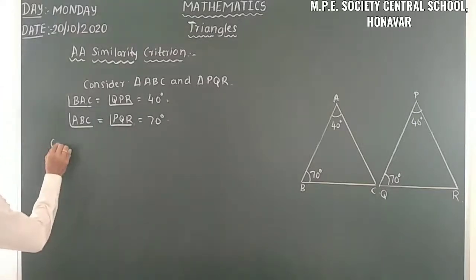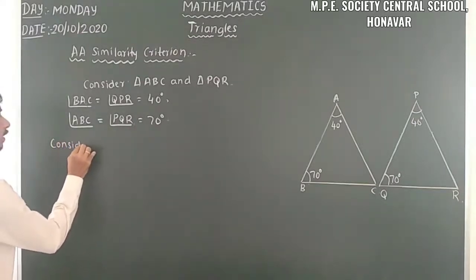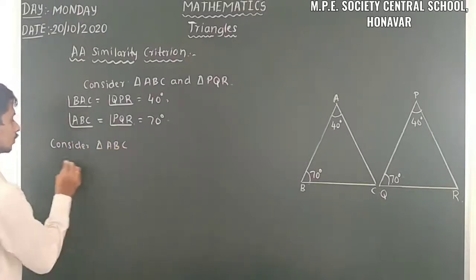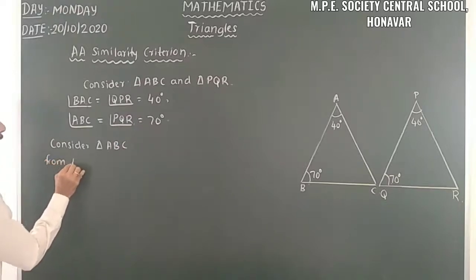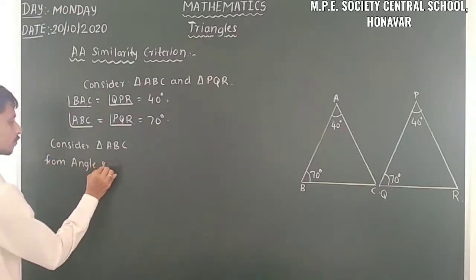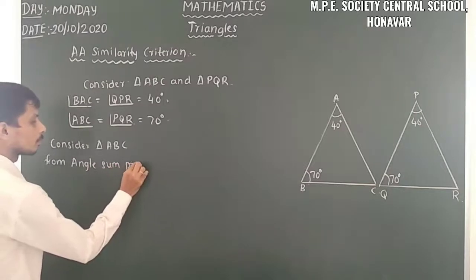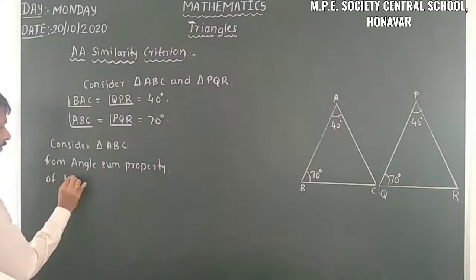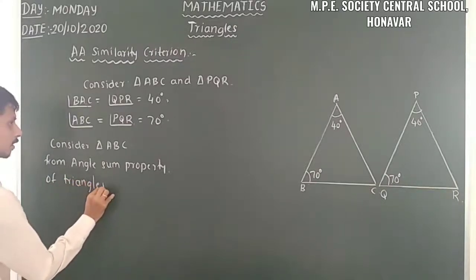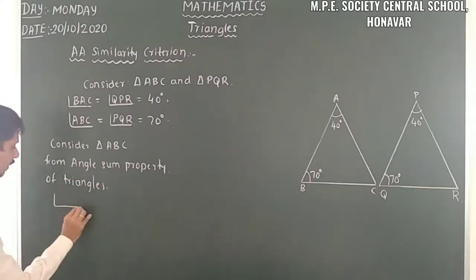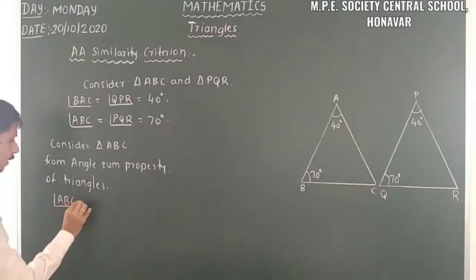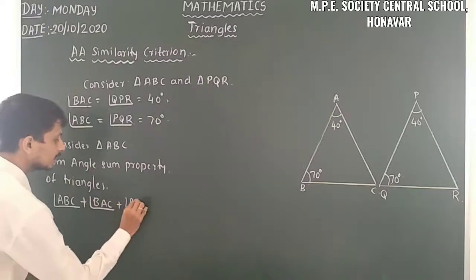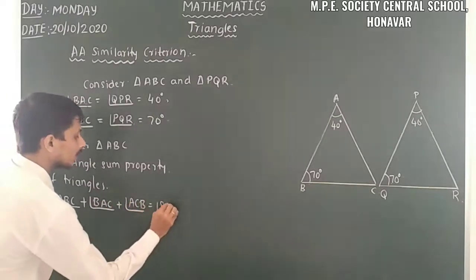So consider triangle ABC, and from the angle sum property of triangles, what we have: angle ABC plus angle BAC plus angle ACB is equal to 180 degrees.